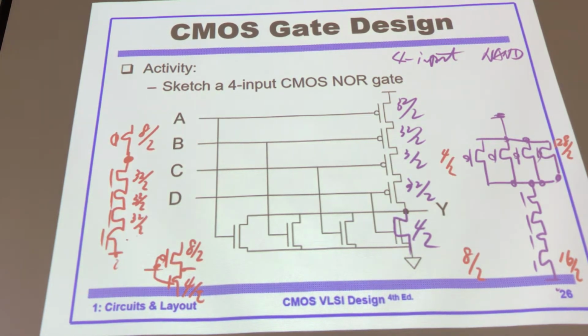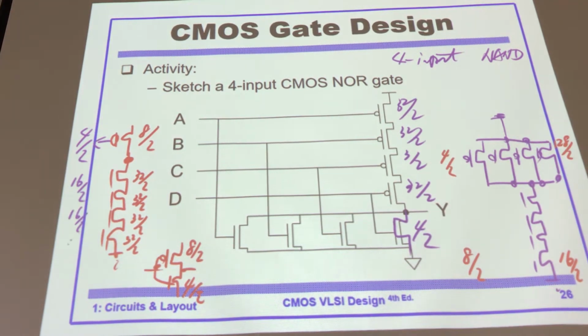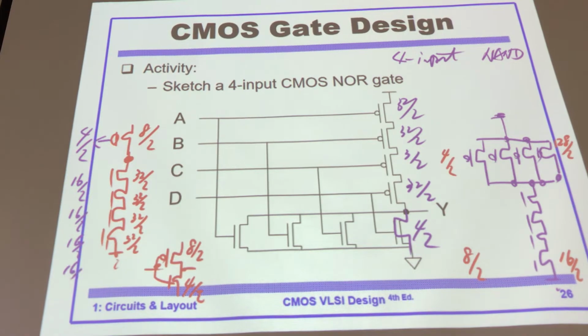However, 8 over 2 is not the minimum size, and 32 over 2, of course, is not the minimum size either. So we can shrink in proportion, with 4 over 2, and that becomes 16 over 2. 16 over 2, 16 over 2, and 16 over 2.